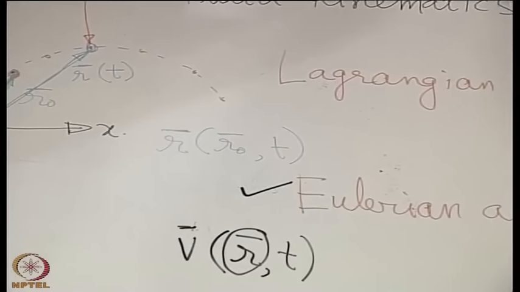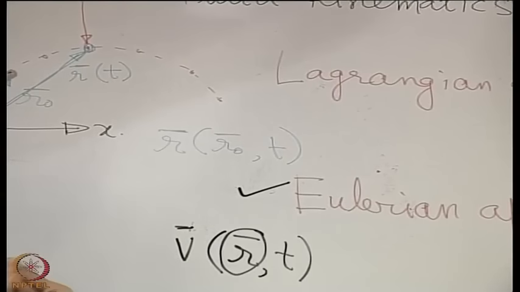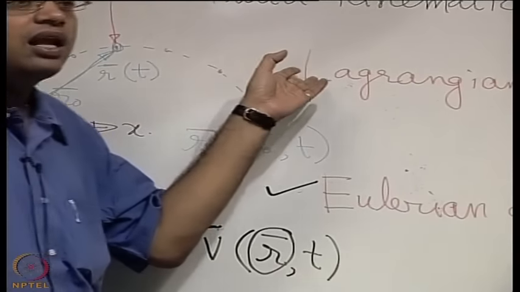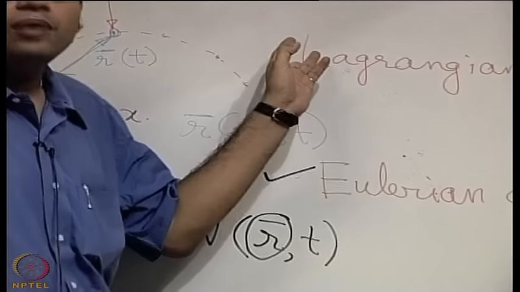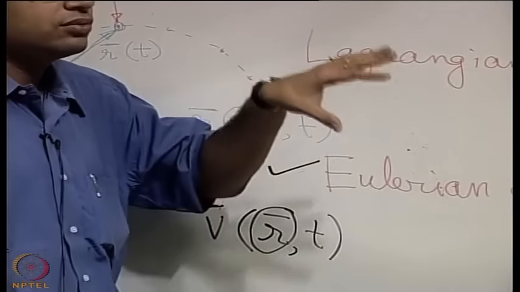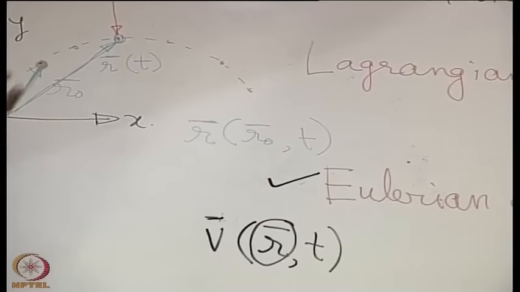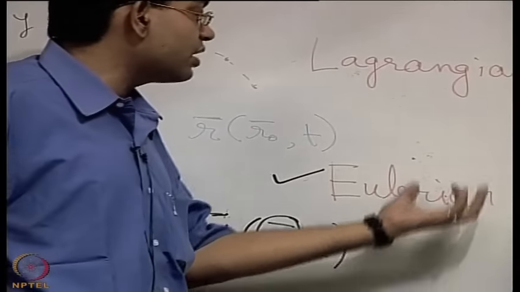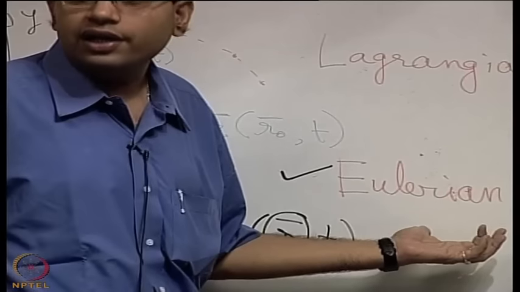Keep in mind that the basic laws of Newtonian mechanics were originally derived by using the Lagrangian approach. So a major emphasis in fluid mechanics will be to convert those expressions into equivalent forms which are implementable using the Eulerian approach.